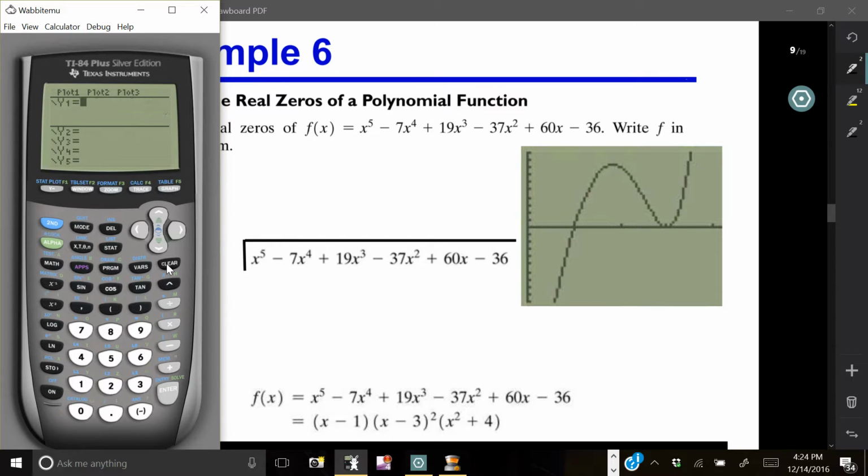Let's clear the previous graph out and put x to the 5th minus 7x to the 4th plus 19x cubed minus 37x squared plus 60x minus 36.